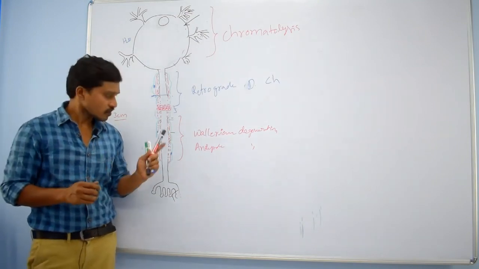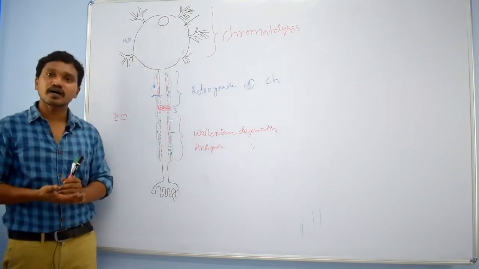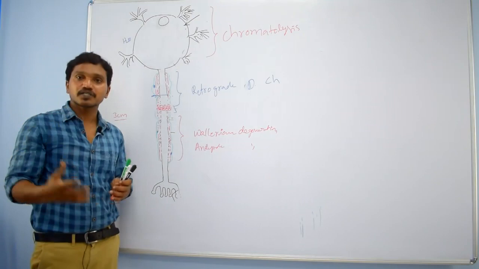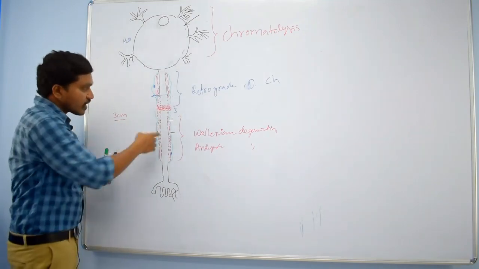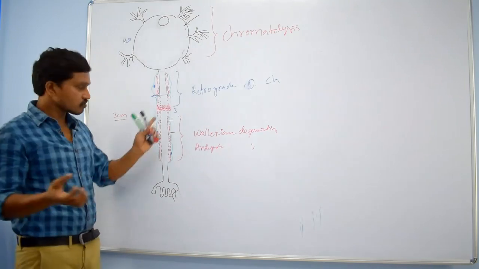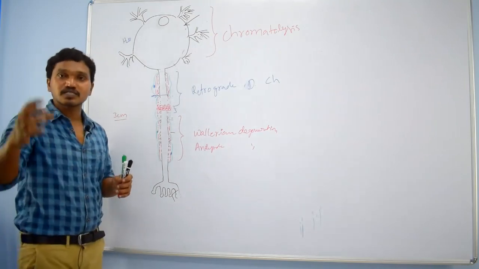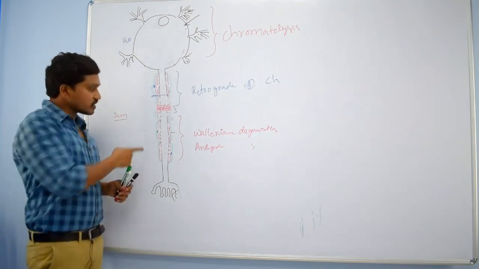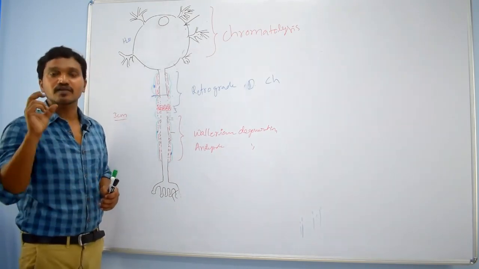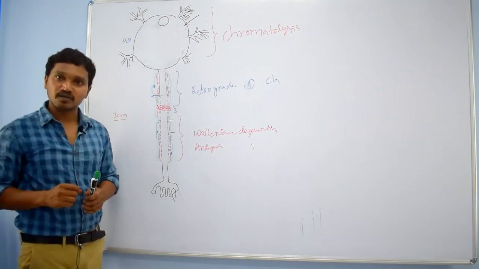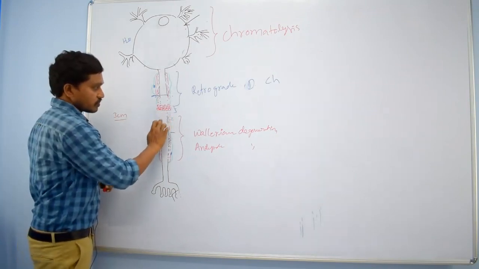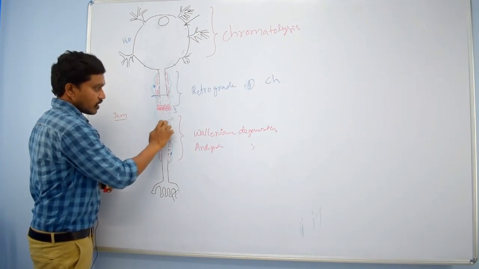While these changes occur, simultaneously there will be multiplication of Schwann cells. These Schwann cells will eat up, that means engulf, the debris: fatty droplets and fragments of axon.